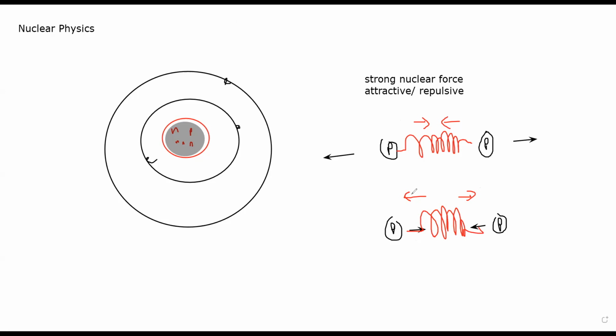So a strong nuclear force can be attractive, can be repulsive, and it is continuously changing its nature, because the main purpose of this strong nuclear force is to bind the nucleons, to keep these nucleons inside the nucleus so that they will not escape.